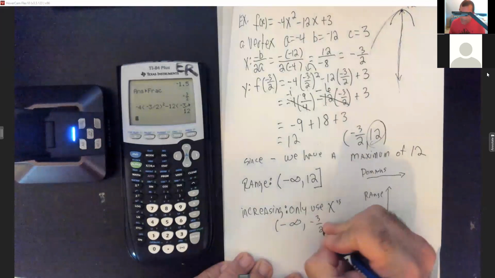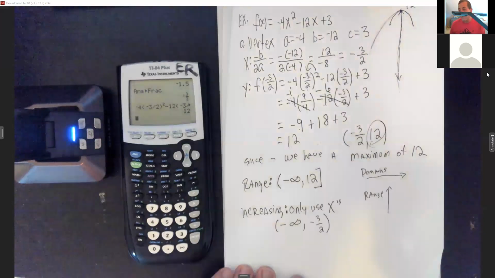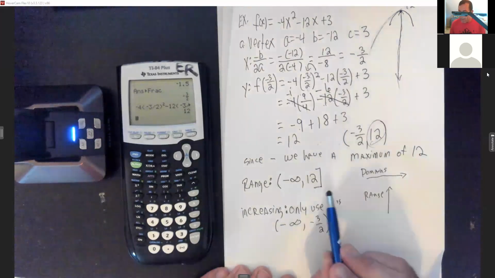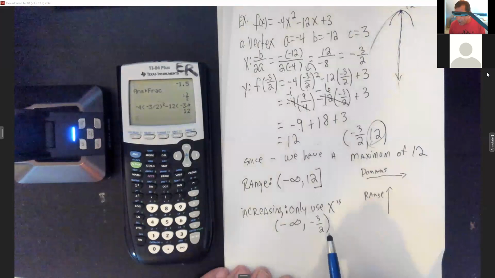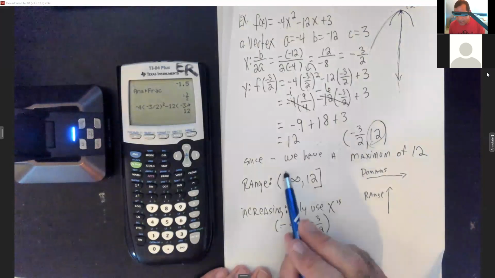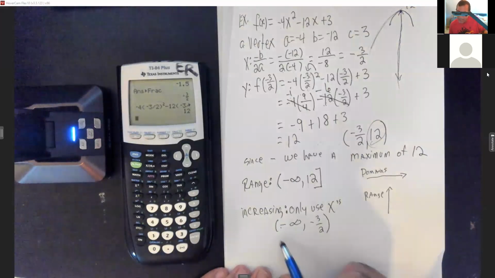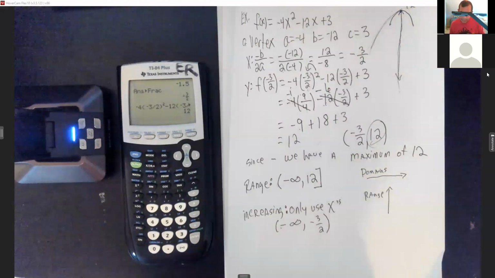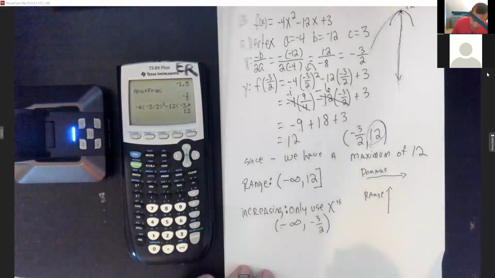And those always have curves. So the range always has a bracket. Increasing, decreasing always has curves. Infinity stuff always has a curve because it don't have an ending point, okay? So decreasing.